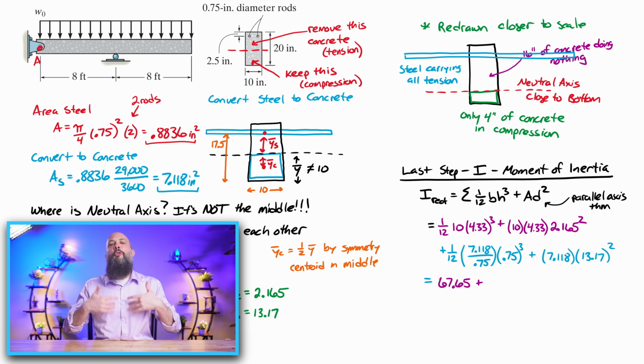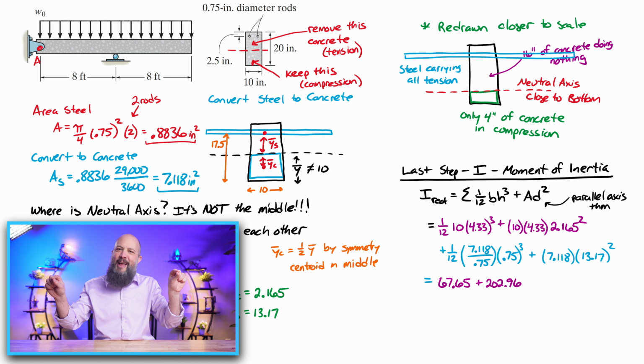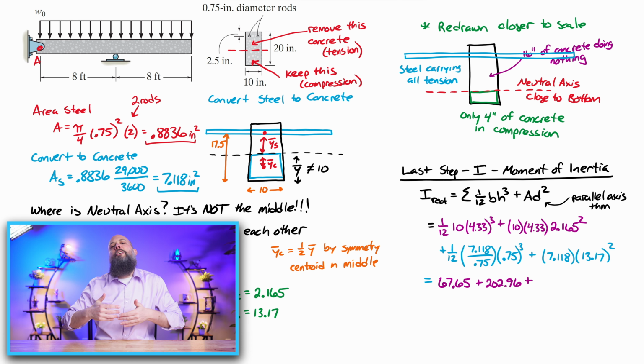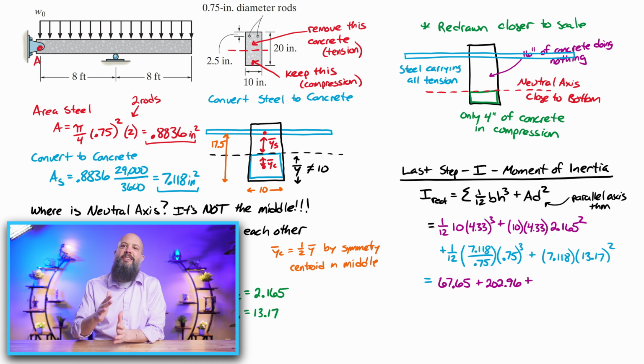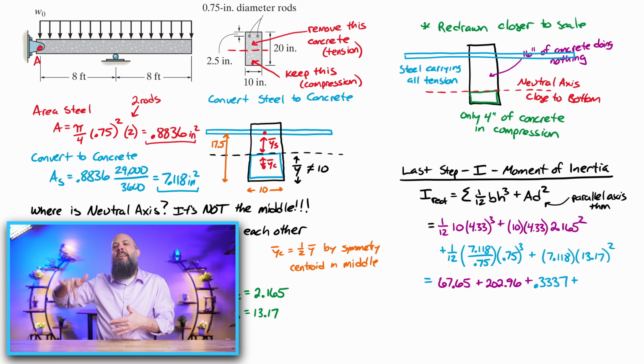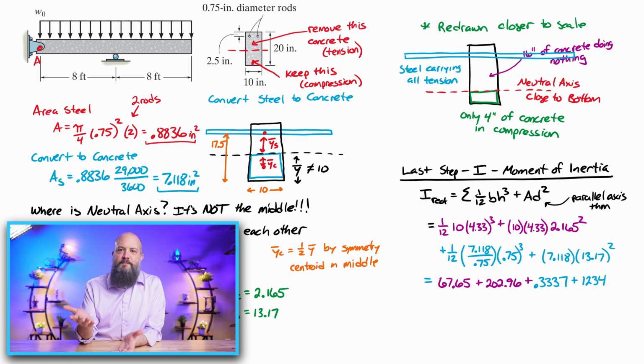And in fact, this term is going to be negligible anyway. Really, the strength of the steel is not based on the area rotating about itself. It's based on the parallel axis theorem as it rotates about the neutral axis. This area times distance squared. The 7 is the area, and 13.17, this is the 17.5 minus 4.33, that 13.17 inches squared, that's going to be where almost all of the moment of inertia is from.